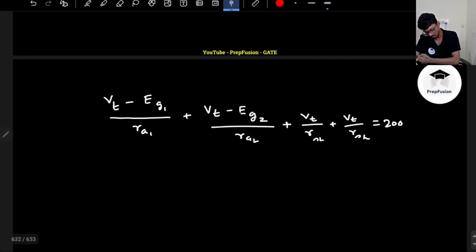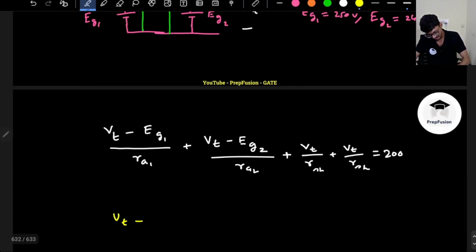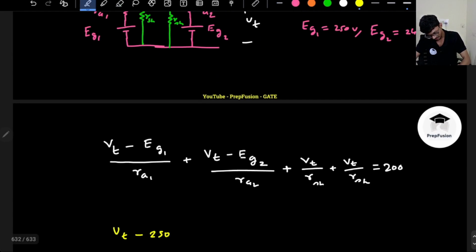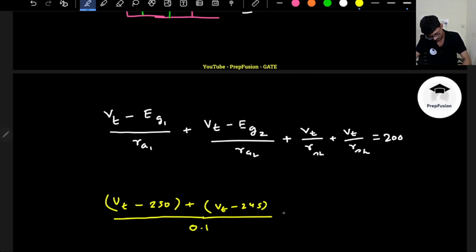So I know all the values. Eg1 is 250. Ra is basically a common denominator, Ra is 0.1. So this plus (Vt minus 245) divided by 0.1, plus 2 Vt divided by Rsh.